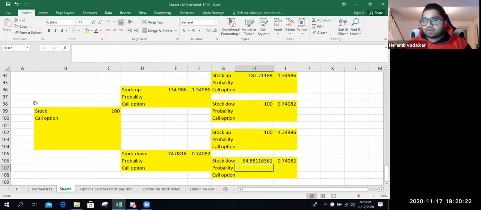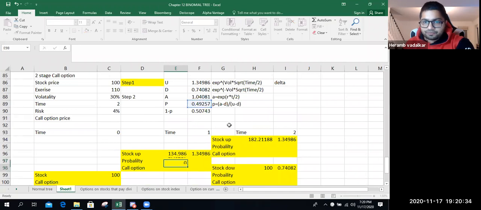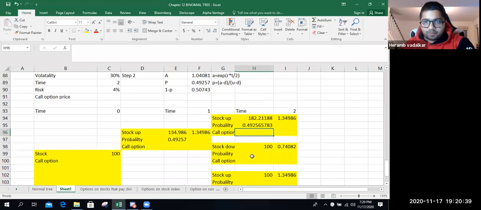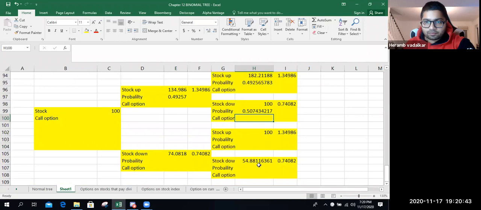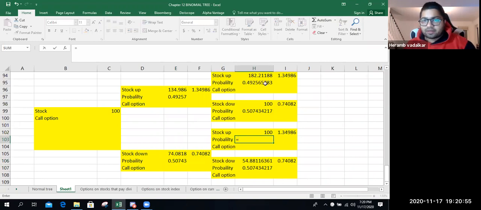So these are four possibilities. You have probabilities of moving up. You have probabilities of moving down. So I'm just filling the probabilities of moving down wherever down is relevant and moving up wherever up is relevant.